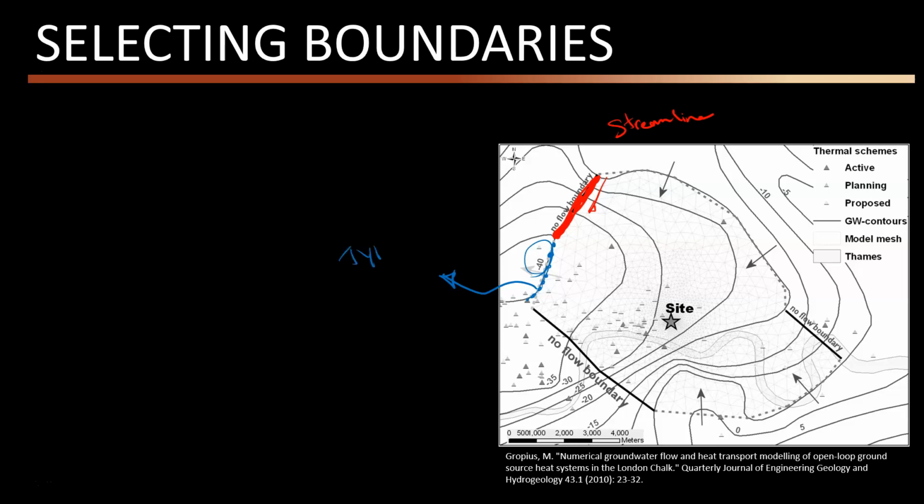It is nothing but the type 1 or specified boundary condition, right? So based on the potentiometric line itself, I can define a specified head boundary condition.